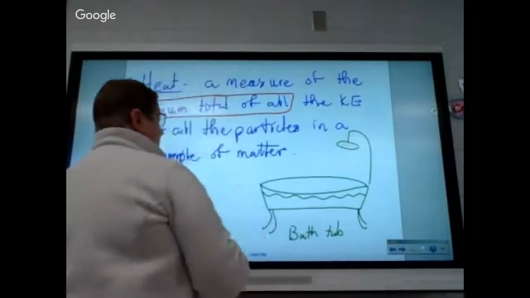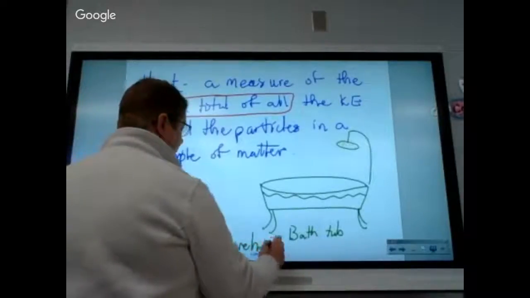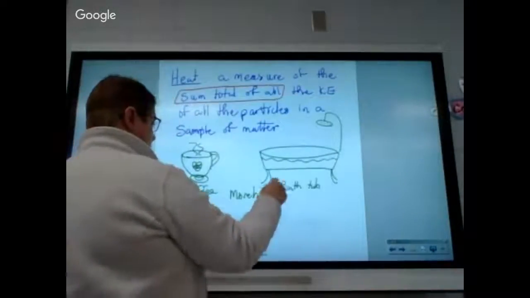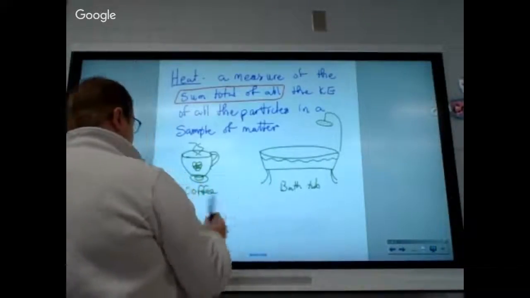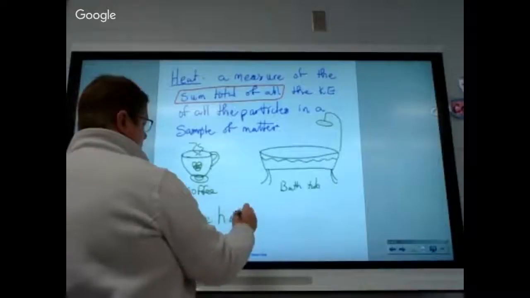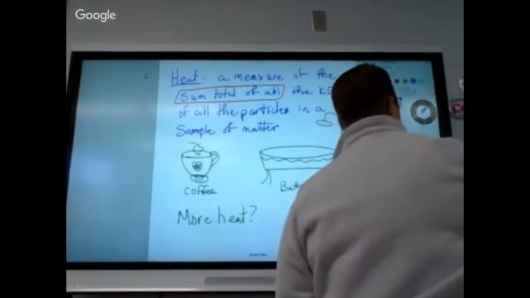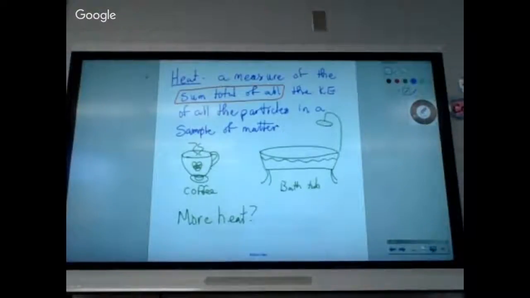Which one has more heat? Here, let me fix that so we can actually read that. Which one of those has more heat? It's more water.